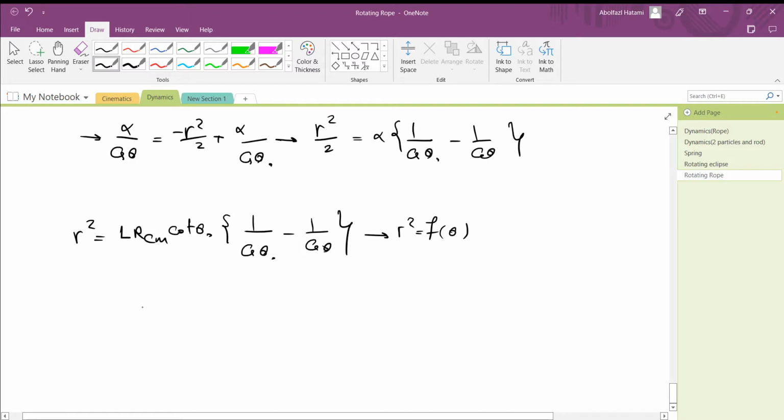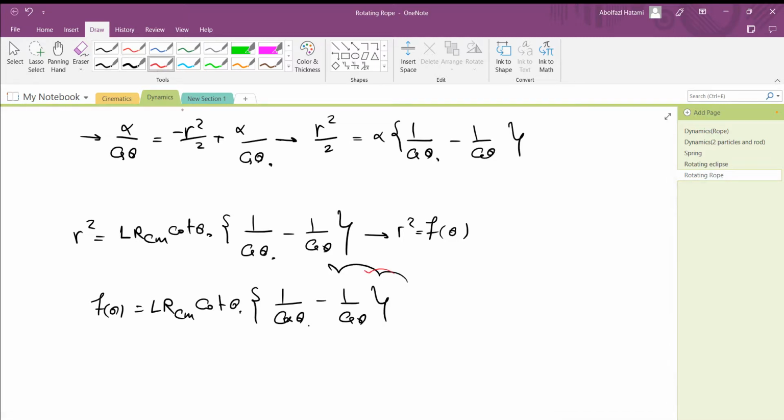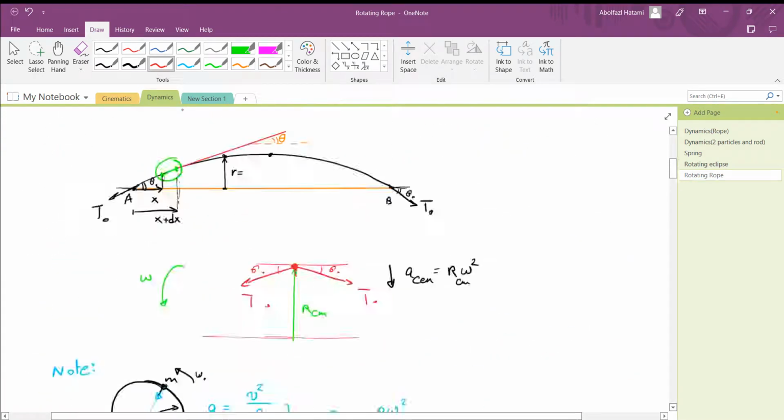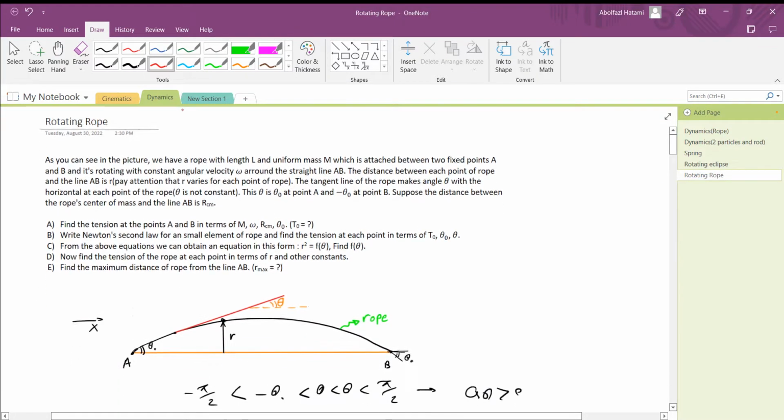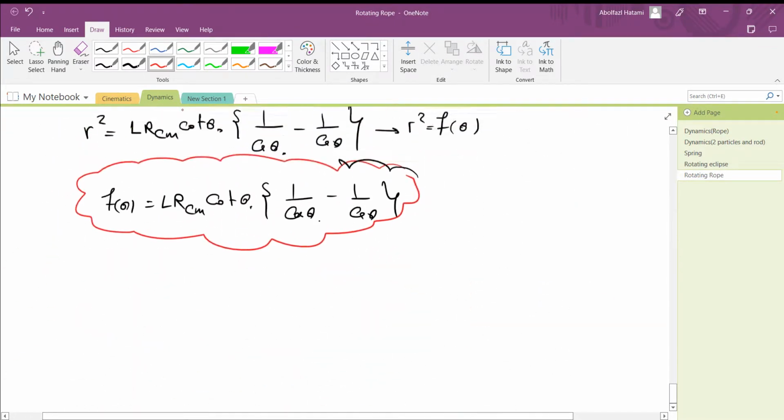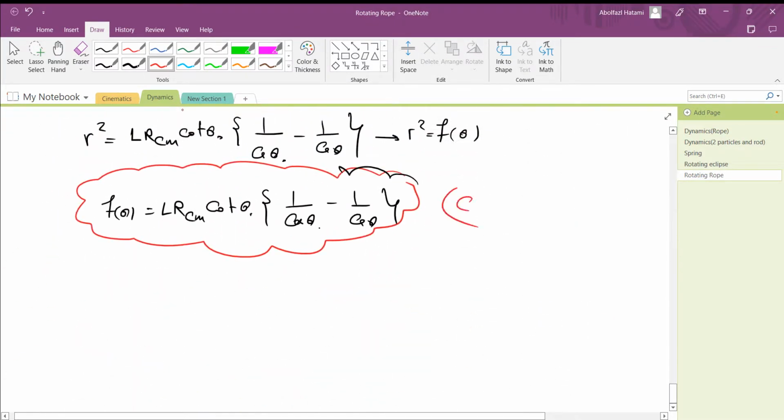So f of theta is just L R CM cotangent of theta 0 times 1 over cosine of theta 0 minus 1 over cosine of theta. This was part C, yes, it was part C. This is part C of the problem.